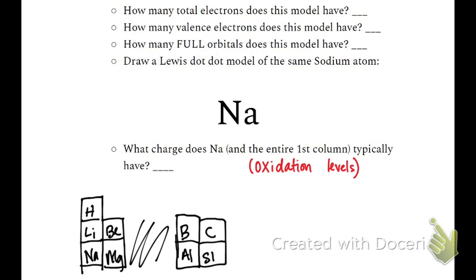carbon. Are we supposed to be drawing this? You can just use your actual chart. You don't have to draw it. Nitrogen and phosphorus. Oxygen, sulfur. Fluorine and chlorine.